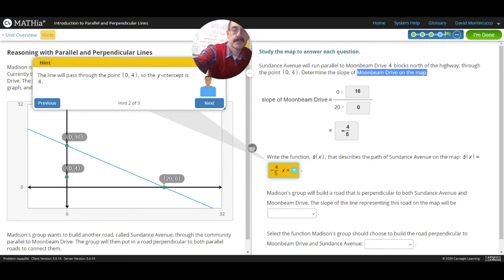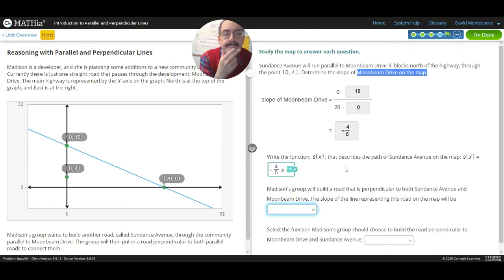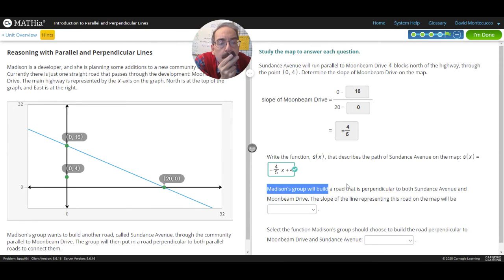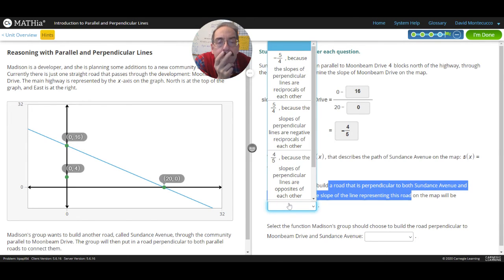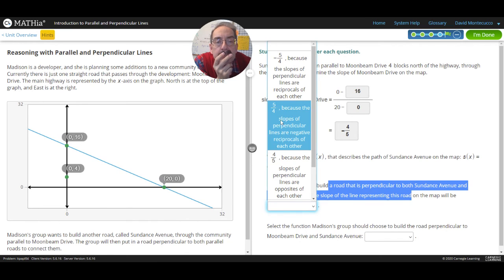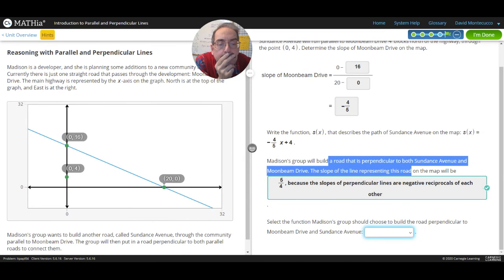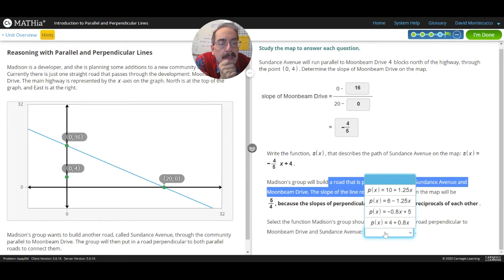Oh, they moved the street on me. They will build a road perpendicular to Sundance and Moon Street. The slope of the line representing this road will be the opposite reciprocal. Okay, so it's going to go through 4.8.